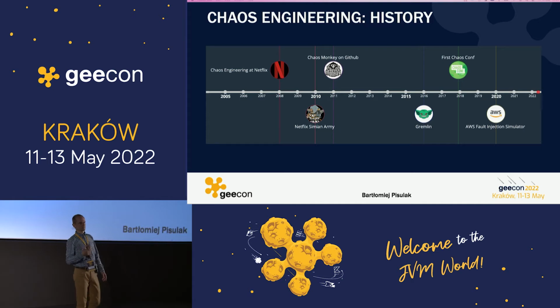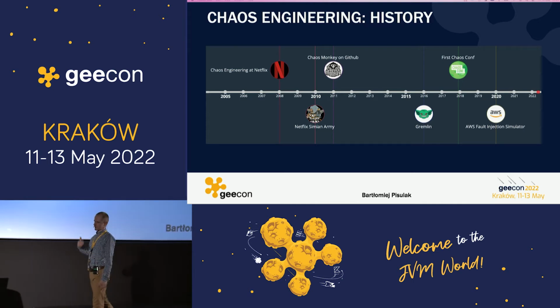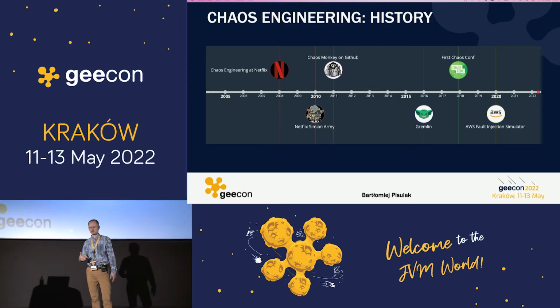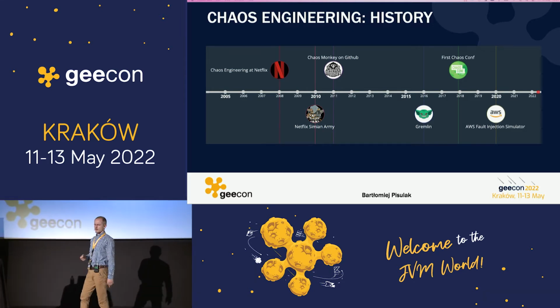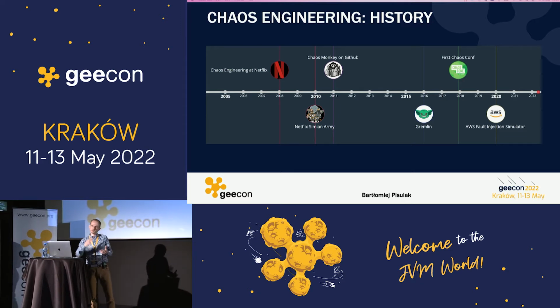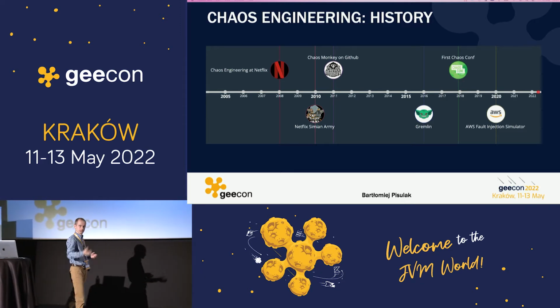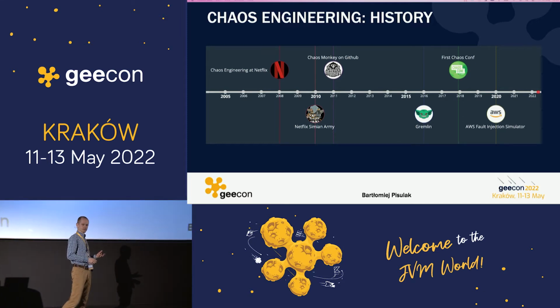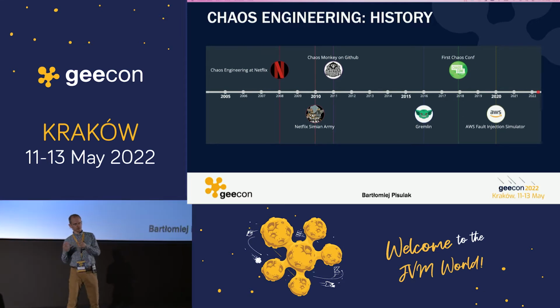That was the moment when they decided, hey, we would like to go to the cloud, to AWS. And they basically started this transition. At the same time, they started thinking about how they could prepare for something like that happening again. And that was the moment when chaos engineering was born at Netflix.